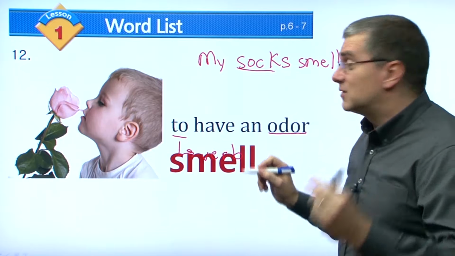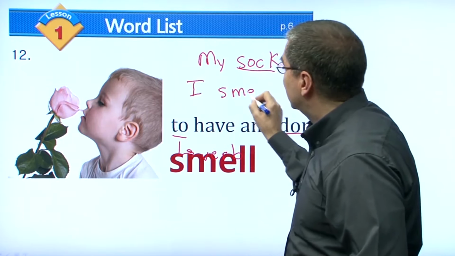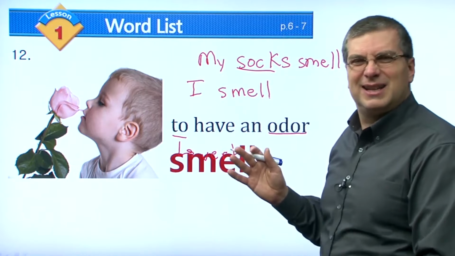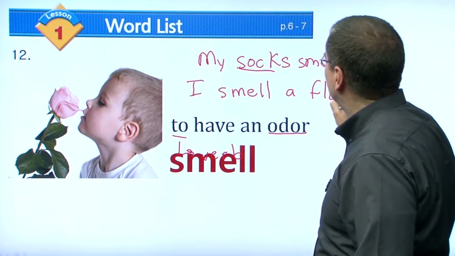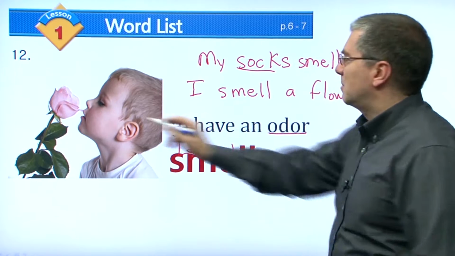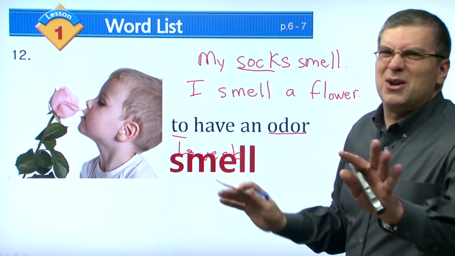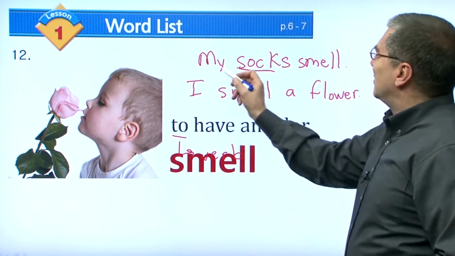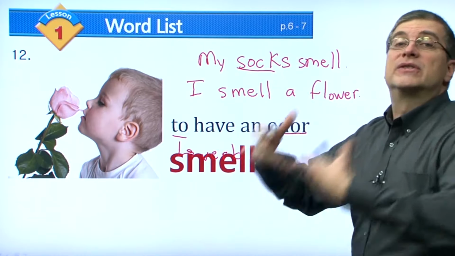Another way you can use this is I smell. I smell what? My sock? No! Yuck! That's horrible, right? I smell a flower. That's much better. Don't smell your socks. That's terrible, right? So my socks smell. It has an odor. It gives an odor.